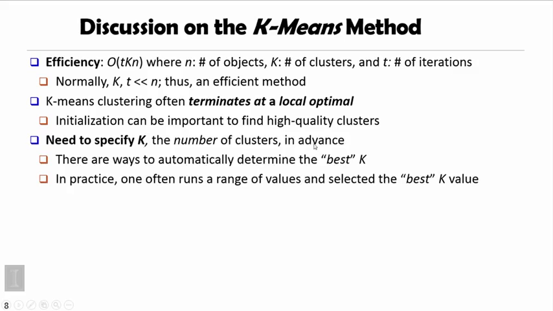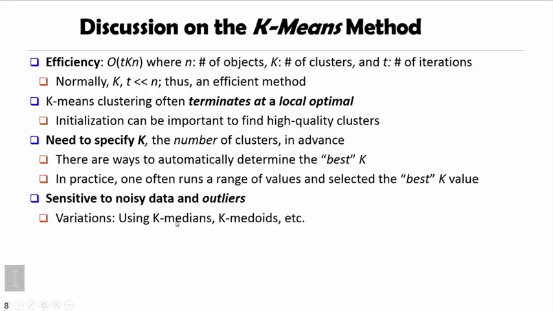We need to specify this in advance for the k-means algorithm. There are many ways to automatically determine the best k, and there are research papers with lots of effort contributed to this. In practice, you can also run a range of values for k, then select which one is the best.